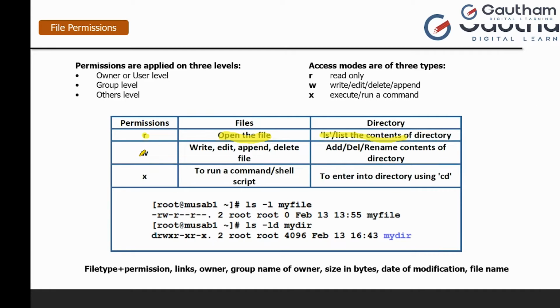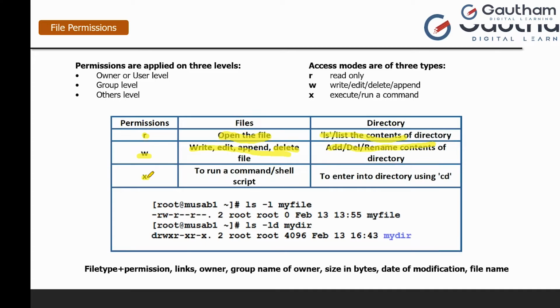And if you give write permission, people can make changes in the content of the file, or even delete the file. Same way, on a directory, people can add, delete, rename the content inside the directory. So basically, write permission will give users access to make changes in the file or in the contents of the directory.